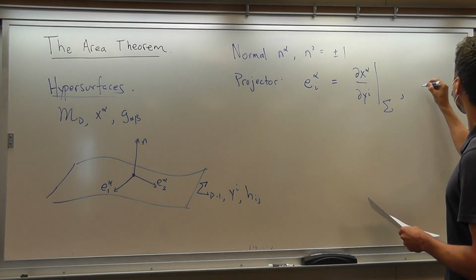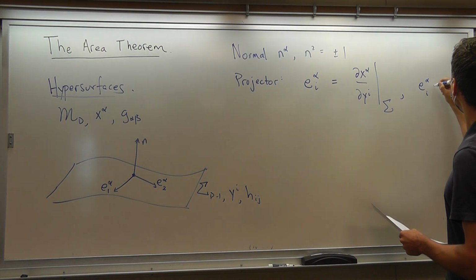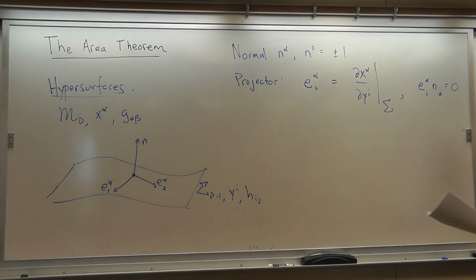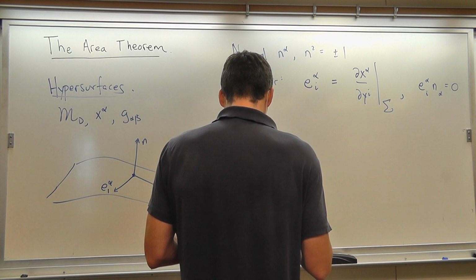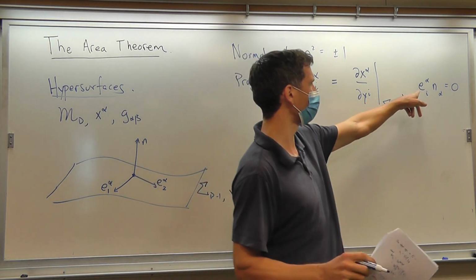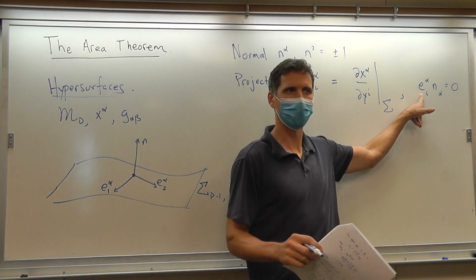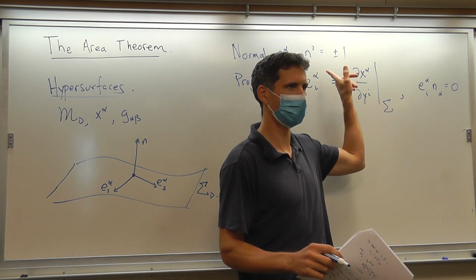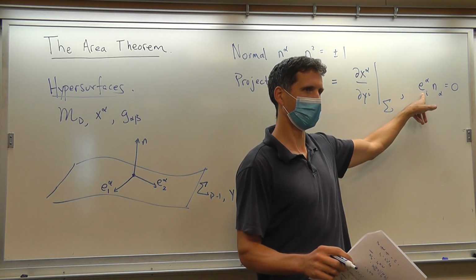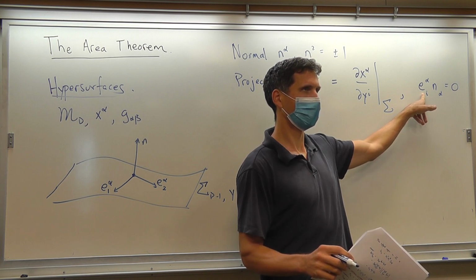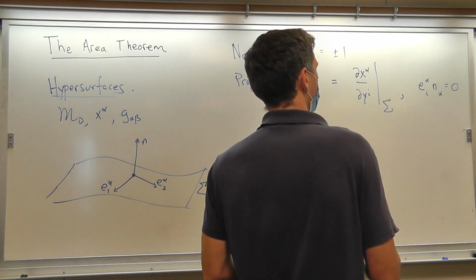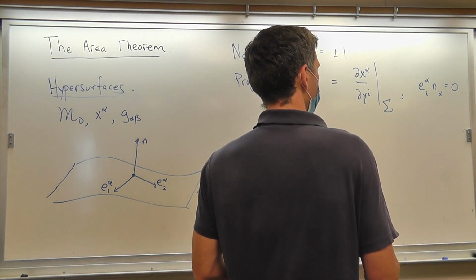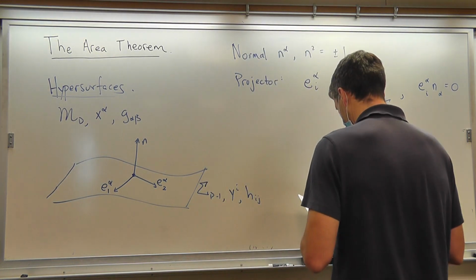And this is chosen to be tangent. That is, if we dot it into the normal, we get 0. That also shows that it's a projector, in the sense that if we take any vector in the big manifold, and we, well, yeah, just because it's dotted into the normal as 0.